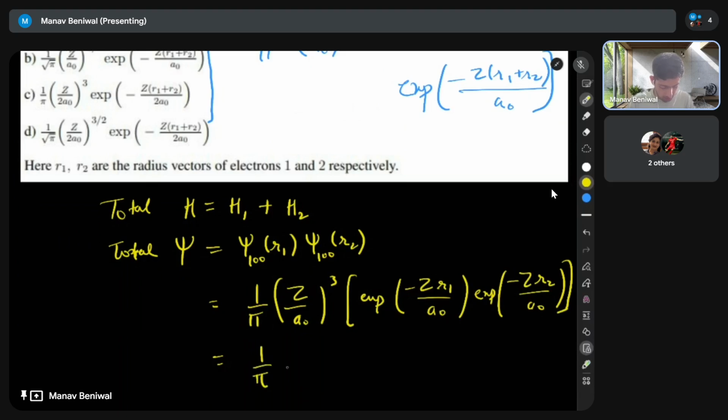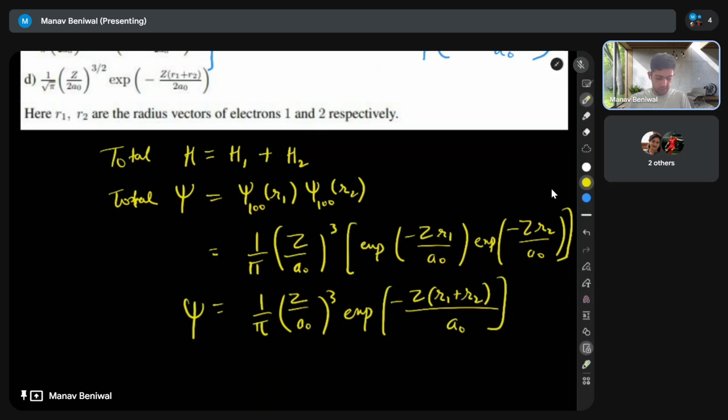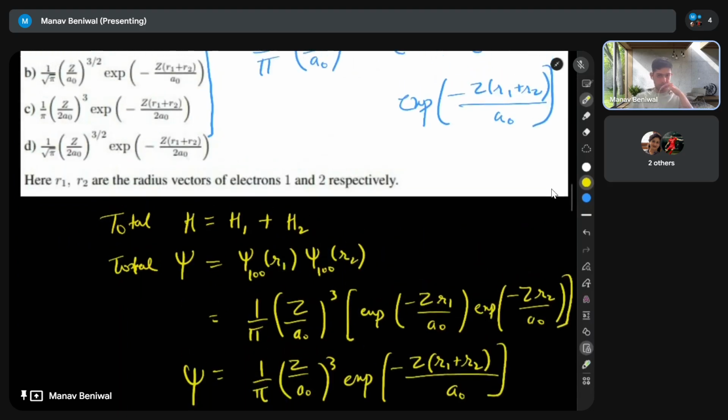Straightforwardly, 1 over pi, z by a naught cubed, and we can write it as a single exponential function, which will be minus z, r1 plus r2, the entire thing divided by a naught. So this is our psi. When we do not have any interaction and we can treat the particles separately like this, then the total energy is just the sum of individual energies, and the total wave function is just the product of individual wave functions. That's it.